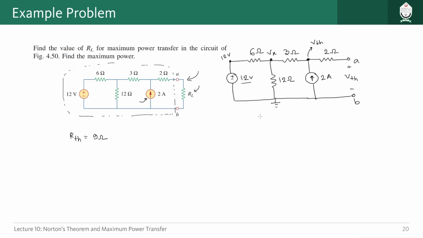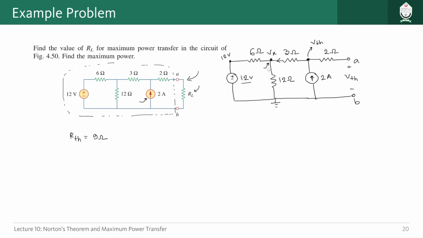So if I want to apply KCL in this node, then first of all let us define the direction of current. For this one, the current direction is in this direction.